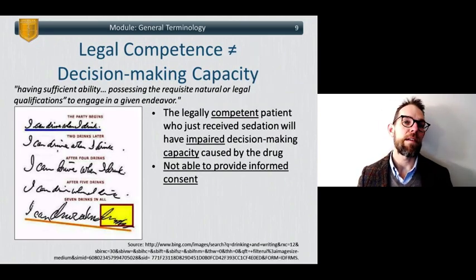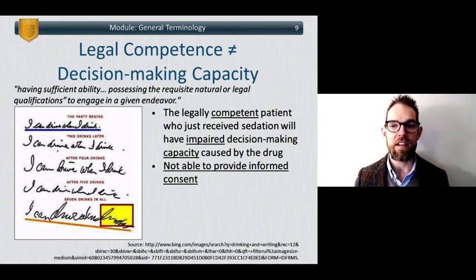Decision-making capacity implies having the sufficient ability or possessing the requisite natural or legal qualification to engage in a given endeavor. So a patient has to be competent, and why is that? The patient needs to be competent when they are making their decision. Where does that impact us?